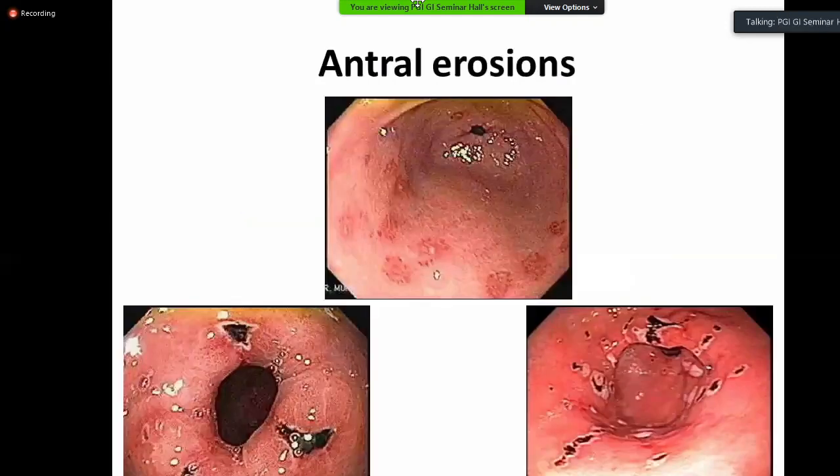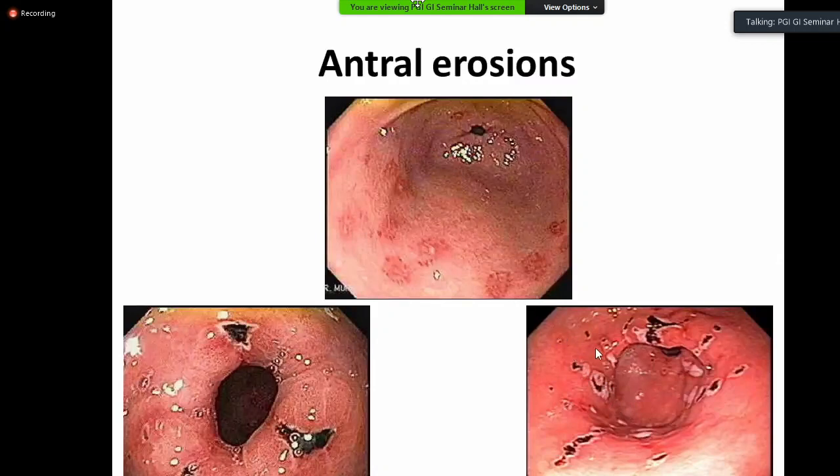Now, some examples, how do erosions look? This is an example of erosion in the antrum. Now, these are also erosions. Superficial, lean, geographical shape, stellate. These are also erosions. One can argue that they can be classified as superficial ulcers.